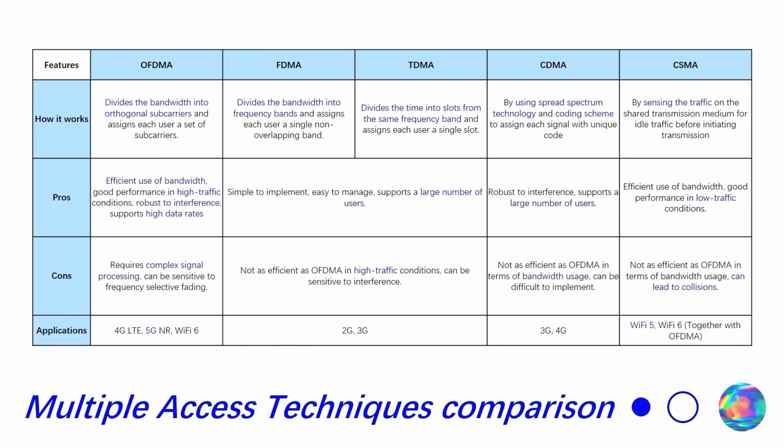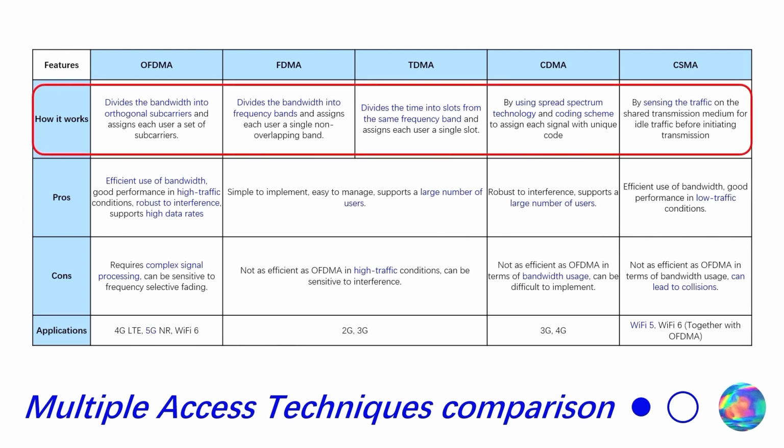Okay guys, I will talk about the comparison between multiple access techniques. First of all, how it works. As mentioned before, OFDMA divides the bandwidth into orthogonal subcarriers and assigns each user a set of subcarriers. FDMA divides the bandwidth into frequency bands and assigns each user a single non-overlapping band.